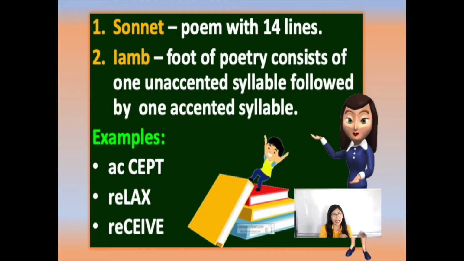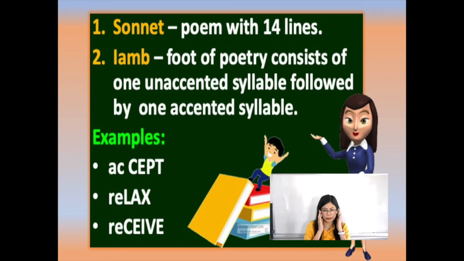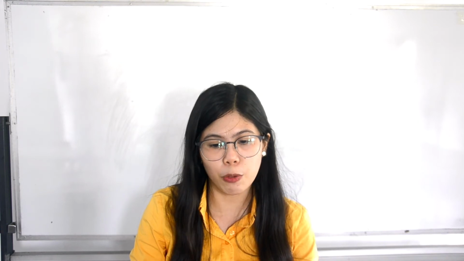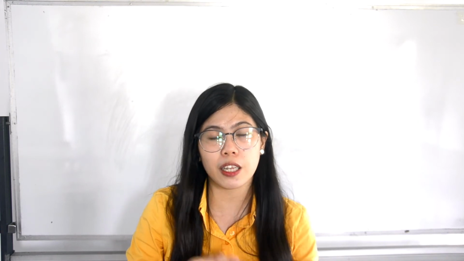The syllable ac is the unaccented syllable and the syllable cept is the stressed syllable. So in pronouncing that, you have to give more emphasis to stressed syllables. So you have to pronounce it louder compared to non-stressed syllables. So for example, accept.